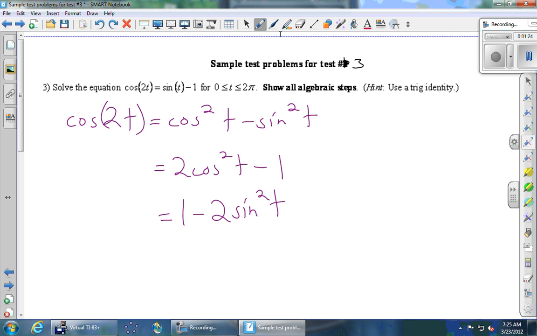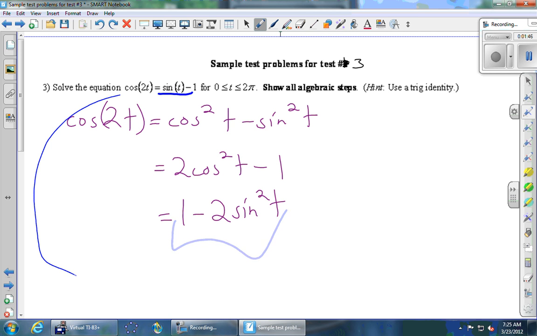So which one should we pick? Well, look at the right-hand side of this equation. It has sine t. That top identity involves two different trig functions. This one involves cosine. This one involves sine. Let's pick the one that involves sine to match up with the sine that we already have.